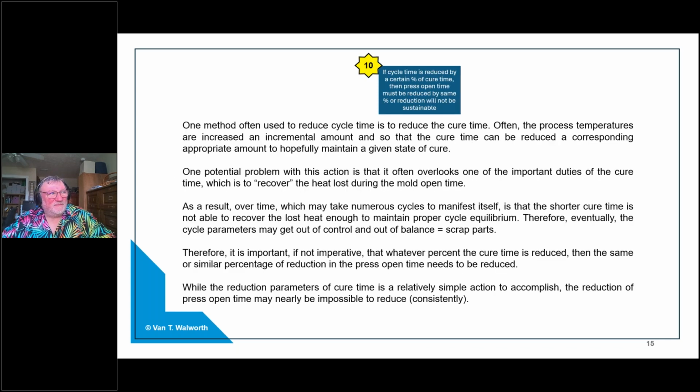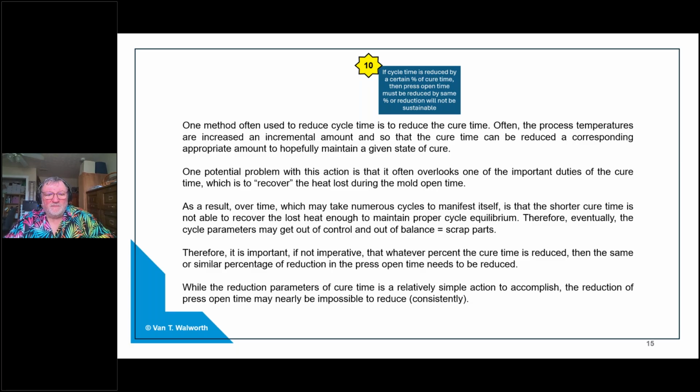Here's something that, in my opinion, the rubber industry just simply does not understand. We want to reduce cycle time. Now, most people know that to get a certain state of cure, if you're satisfied with your cure time and the temperature that your molding cycle is running at, there's a certain state of cure that you can achieve.